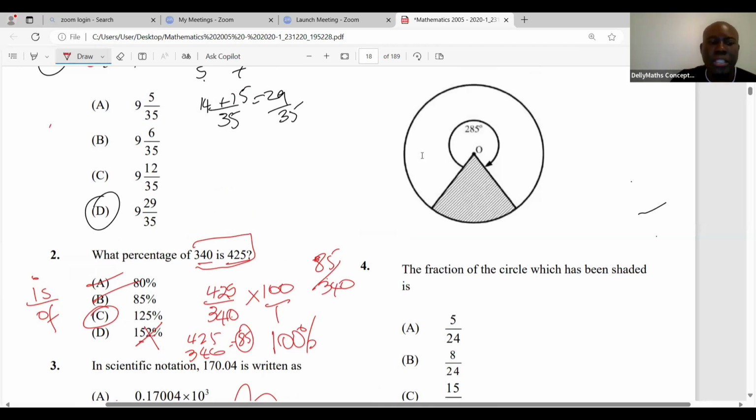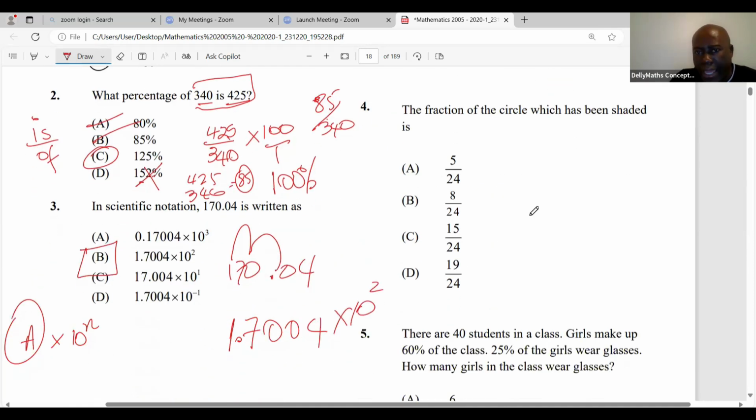What you want to do is to subtract the angle that we got so that we could know the angle that is not shaded. So 360 minus, you want to make sure that you subtract this. So 360, you want to take out 285 from that, and we're going to get about 75. So this angle here is 75. So because they said what fraction of it is shaded, we want to represent 75 over 360, because it is 75 over the entire thing.